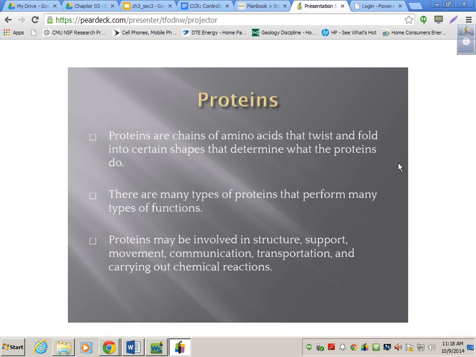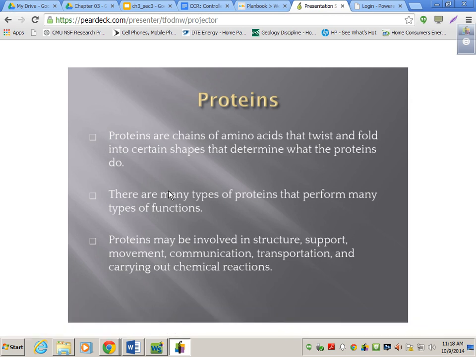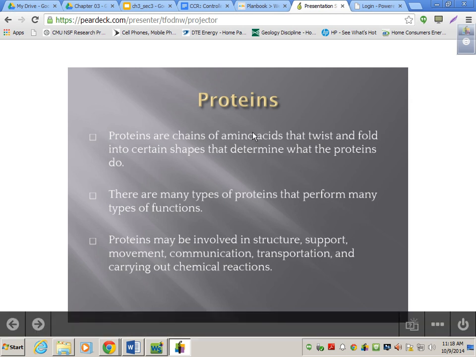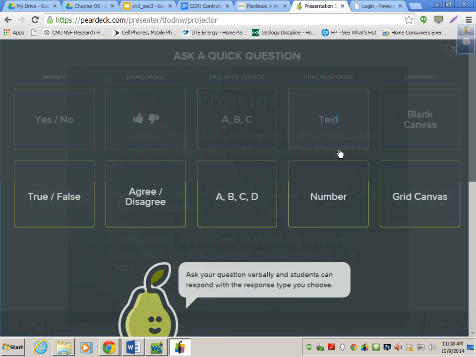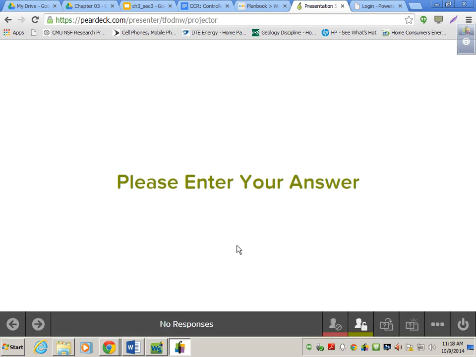So proteins are chains of amino acids that twist and fold into certain shapes that determine what the proteins do. So based on that statement right there, just that sentence alone, I want you guys to tell me what the monomers of proteins are.